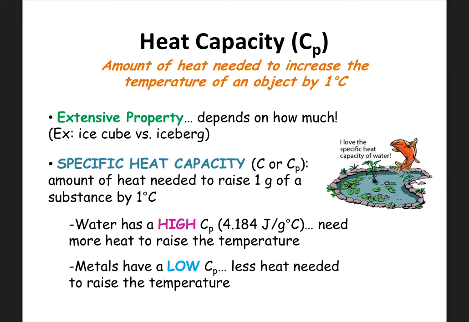It takes a lot of days of 100-degree weather to even raise the temperature. This is because water has a relatively high specific heat. So you should understand this idea, realize water has a relatively high specific heat, and definitely know that it's 4.184 joules per gram degrees Celsius.